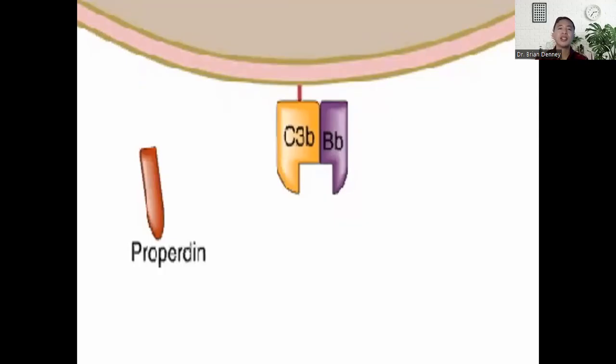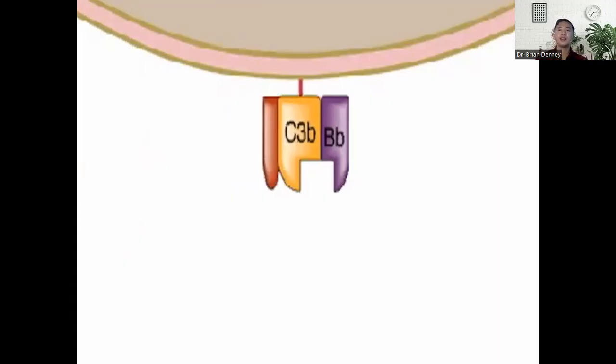Again, do not be confused, class. C3bBb is termed C3 convertase. C3bBbP is termed stabilized C3 convertase. I have to emphasize again and again that stabilized C3 convertase versus C3 convertase are two different molecules, because we added properdin, and the stabilized C3 convertase can now cleave more and more C3 molecules.